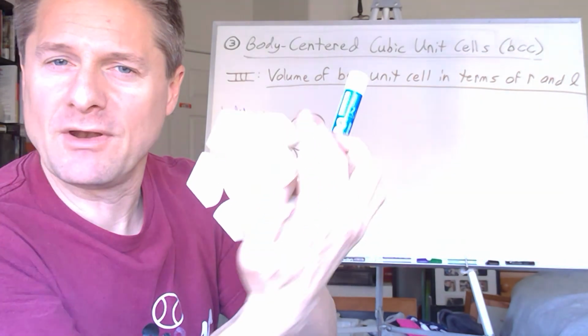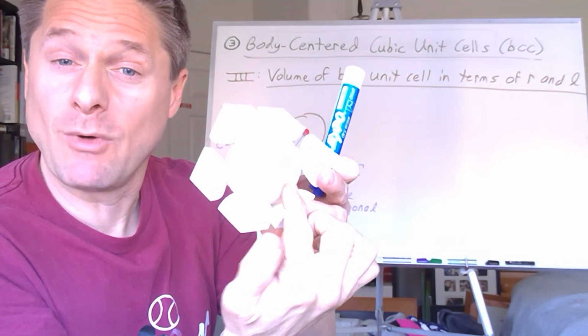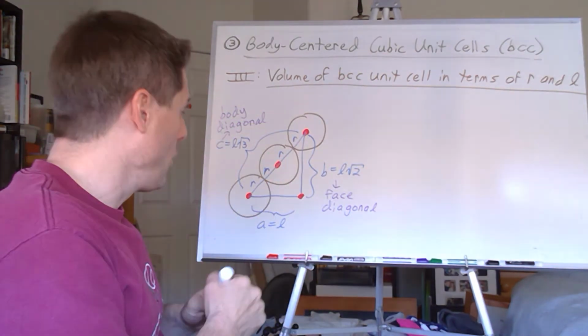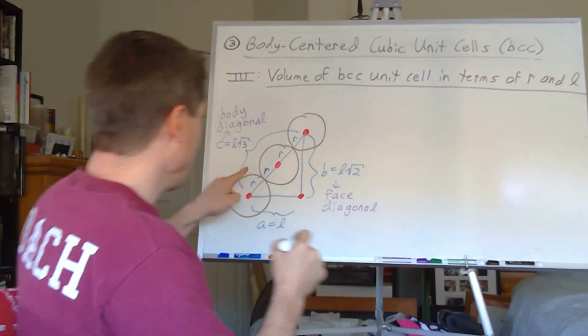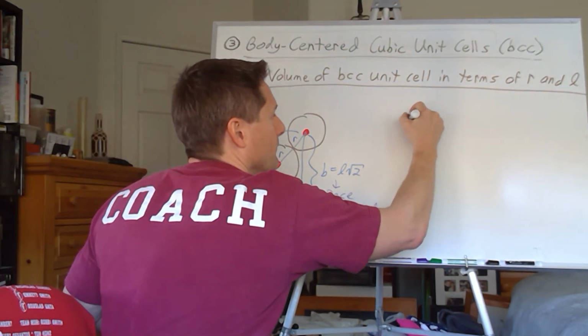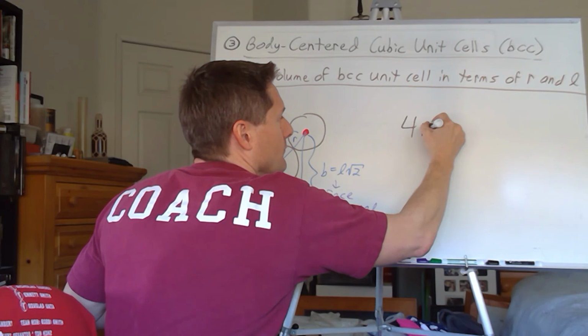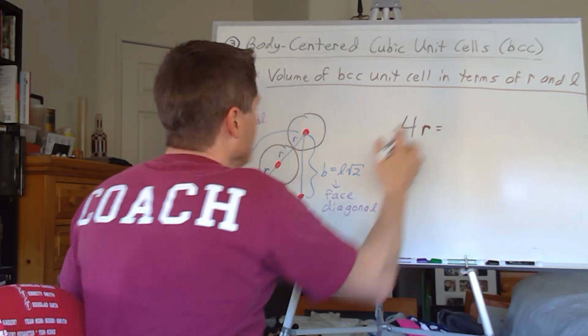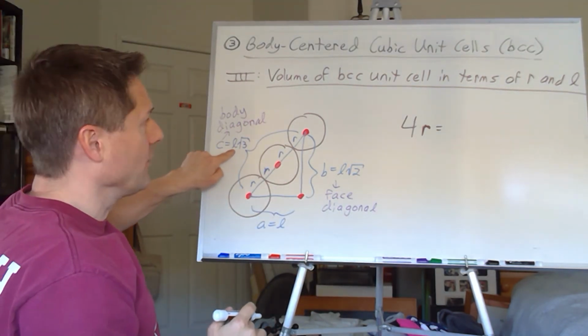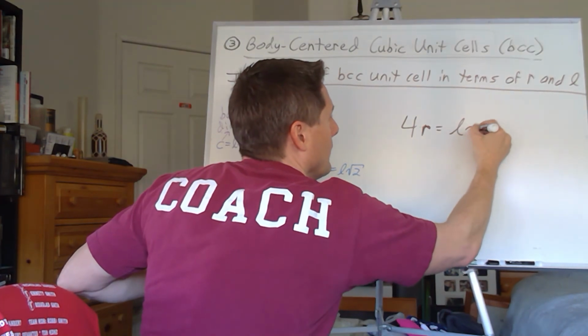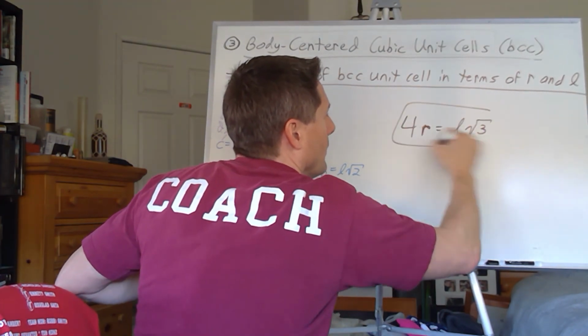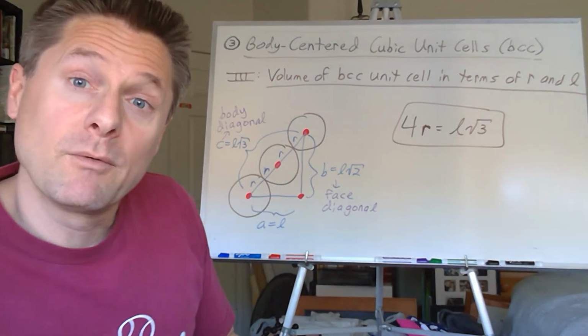So that corner is an R, that diameter is 2R, and then R. So would it make sense that 4R is equal to the body diagonal, which is L times the square root of 3?